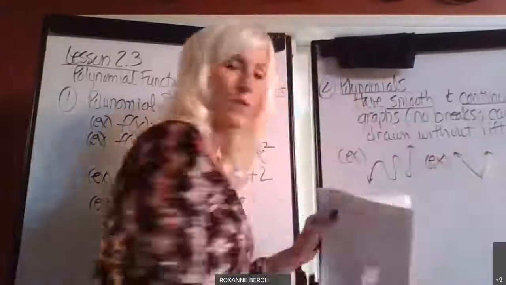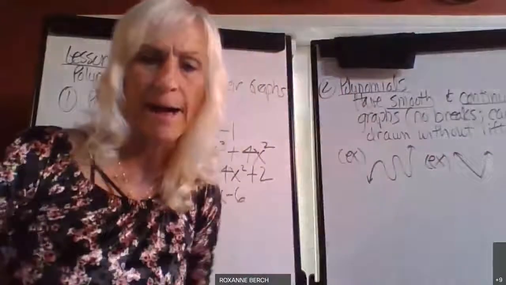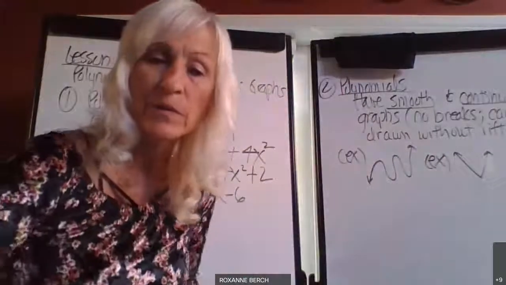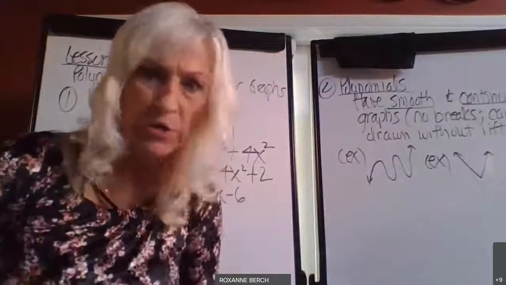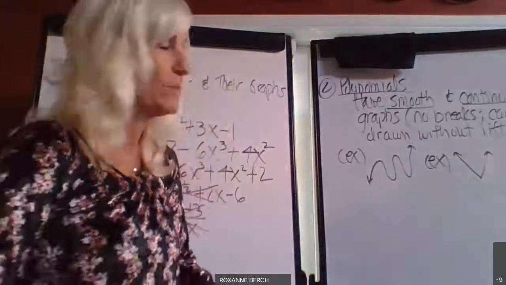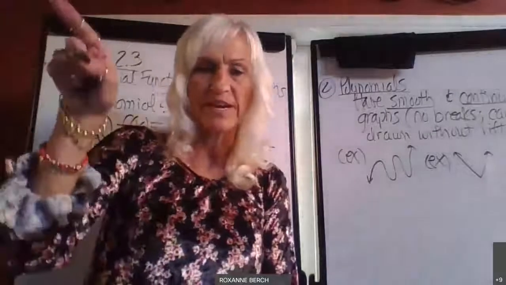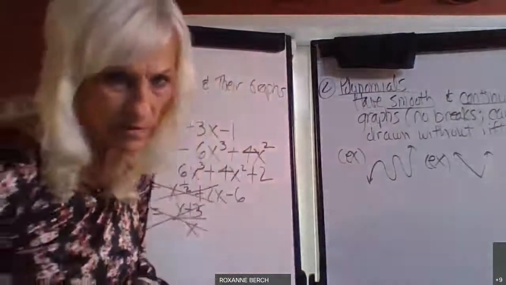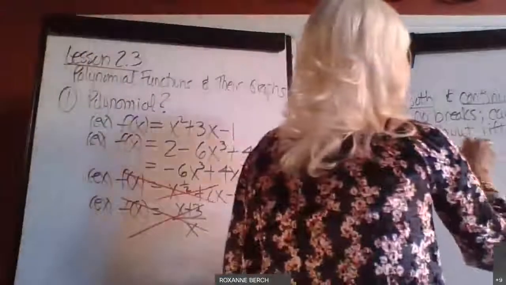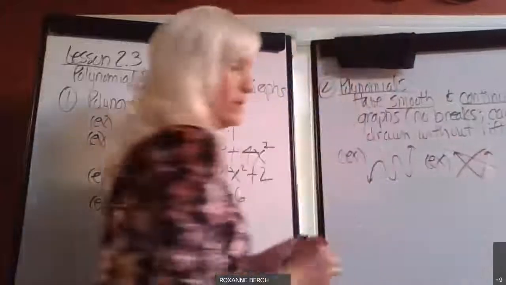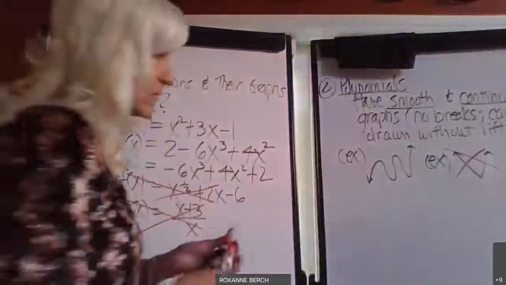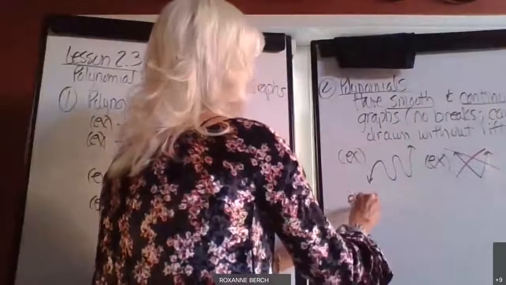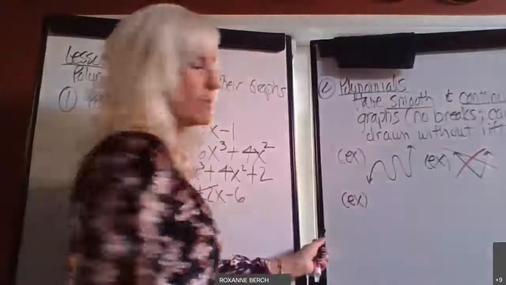Was that smooth or did I come to an abrupt stop when I did the absolute value? That wasn't smooth, right? I didn't lift my pencil, but didn't it go like this? Watch my finger. That's not smooth. So absolute value is not a polynomial. So the graphs that have a variable on the bottom, Paige, you were asking me about this.